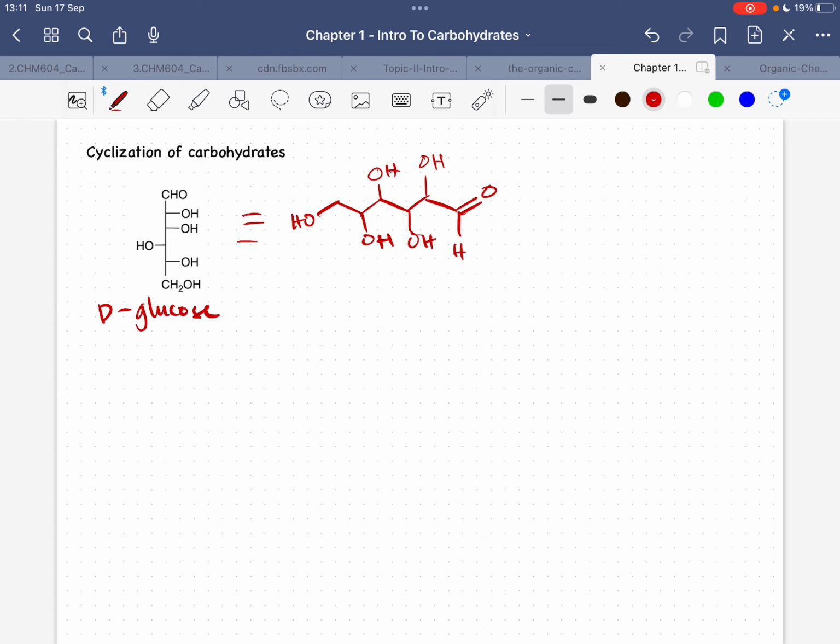So this is another structural representation of this structure, no? So this could also orient in a way that looks cyclic, but it is acyclic.